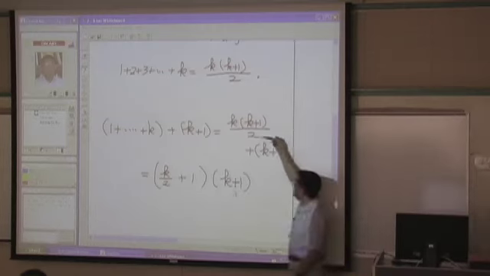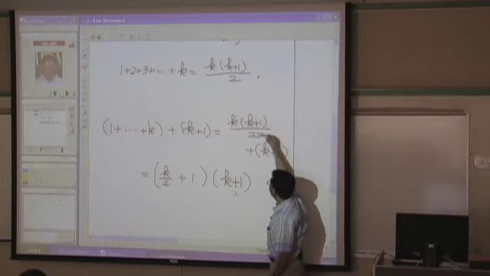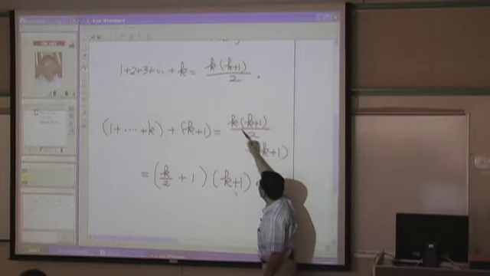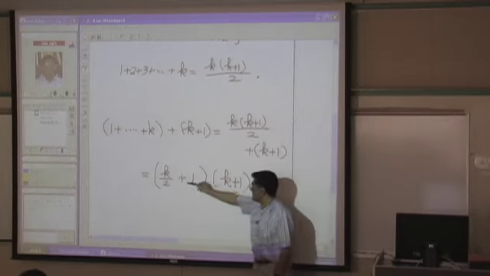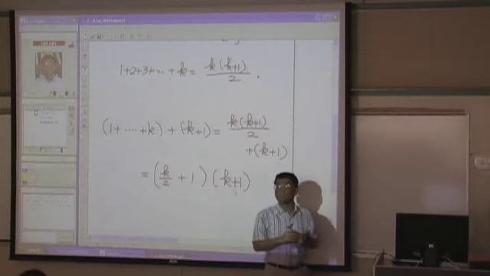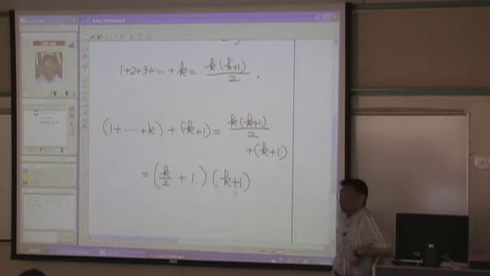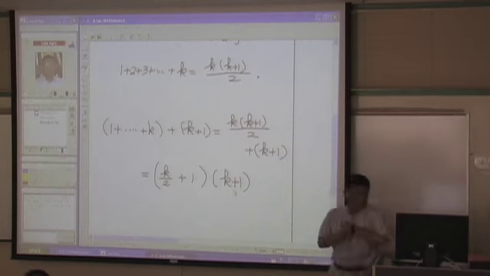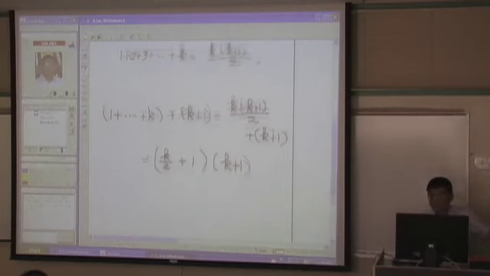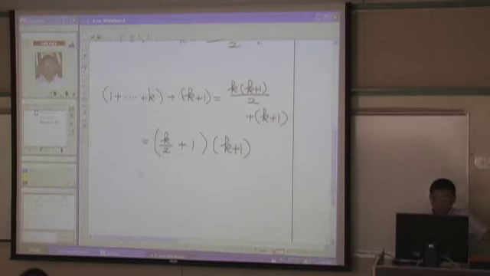The common factor is K plus 1, so I factored out K plus 1, then K over 2 and 1 remain. Any questions? Then I can use the common denominator 2.